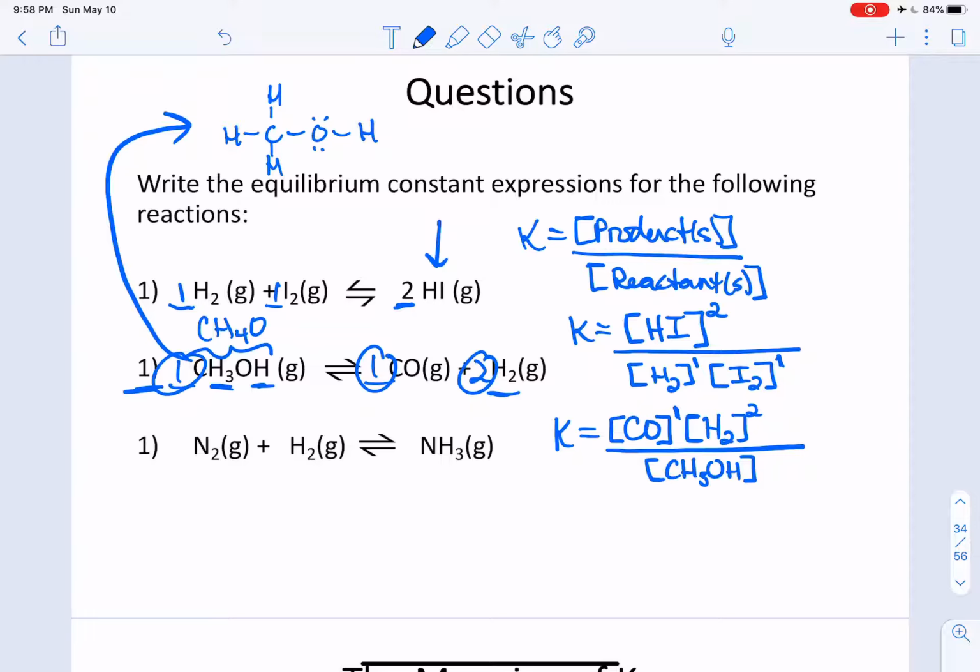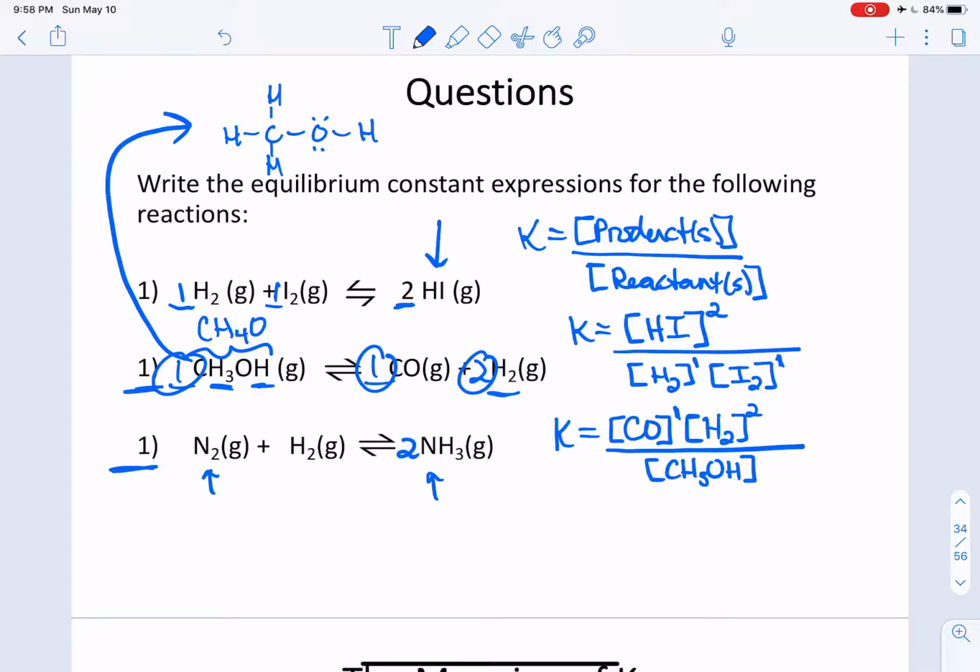Alrighty, so the third number 1, we've got nitrogen and hydrogen gas reacting together to form some ammonia gas. So we've got 2 nitrogens on the reactant side, and we've only got 1 nitrogen on the product side. So how many ammonias, NH3s, do I need to get 2 individual nitrogens? I need 2 of those.